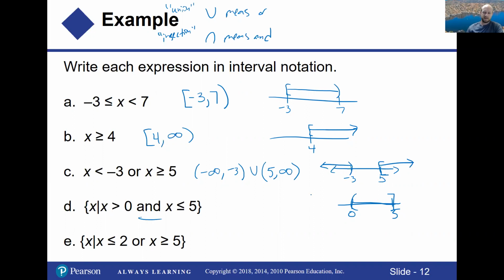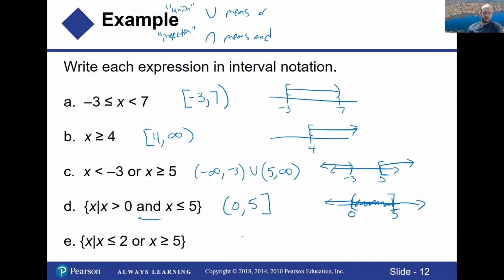It's an and, right? It's where they both intersect. So these keep going, okay? But again, it's what do they have in common? So this one in interval notation, you're never going to have a union when you have an interval notation. It's always just going to be something like this up here. So it's going to be 0, 5, like that.